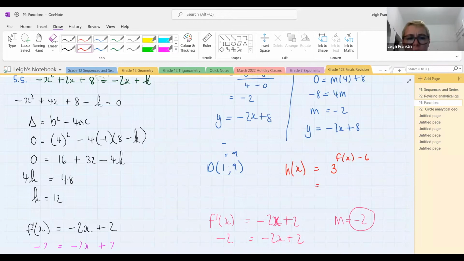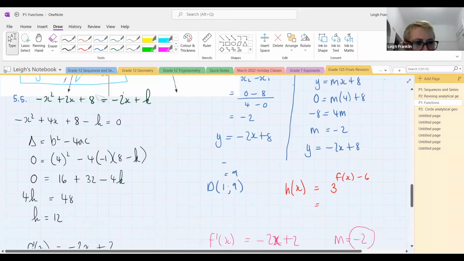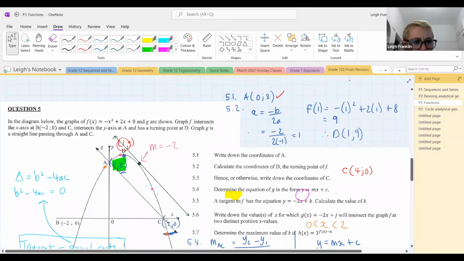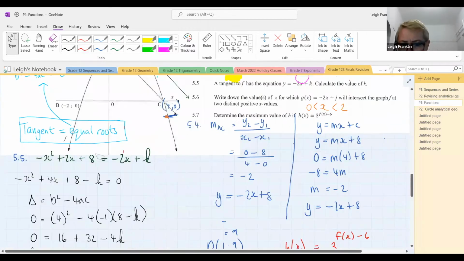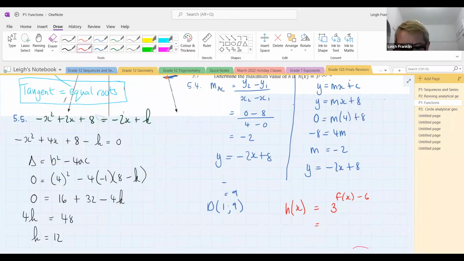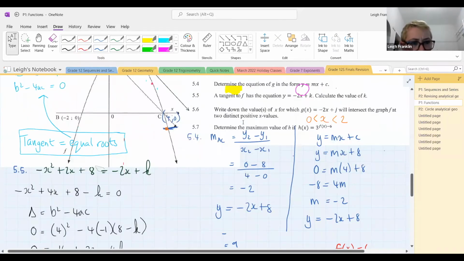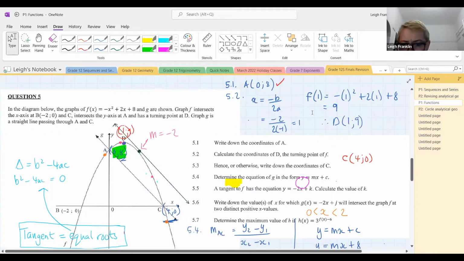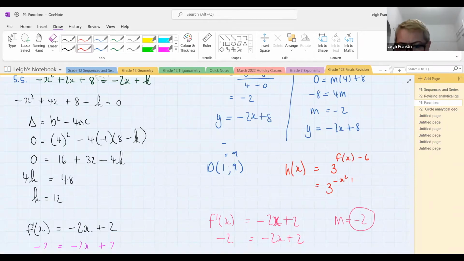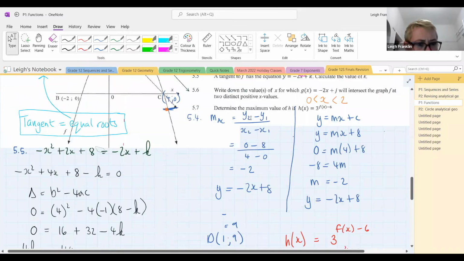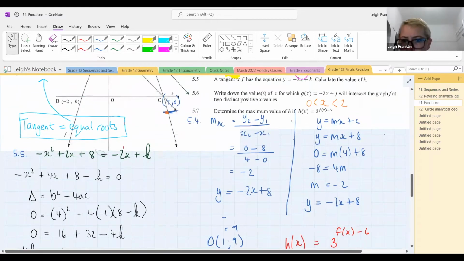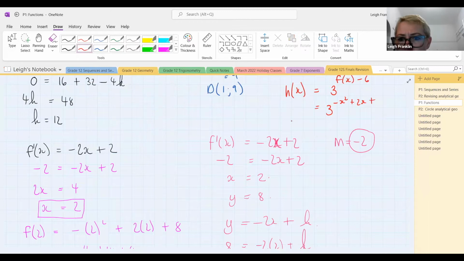Okay, so what was f of x equal to? f of x was minus x squared plus 2x. So this is 3 to the power of minus x squared plus 2x plus 8, which is what f of x was, minus 6.